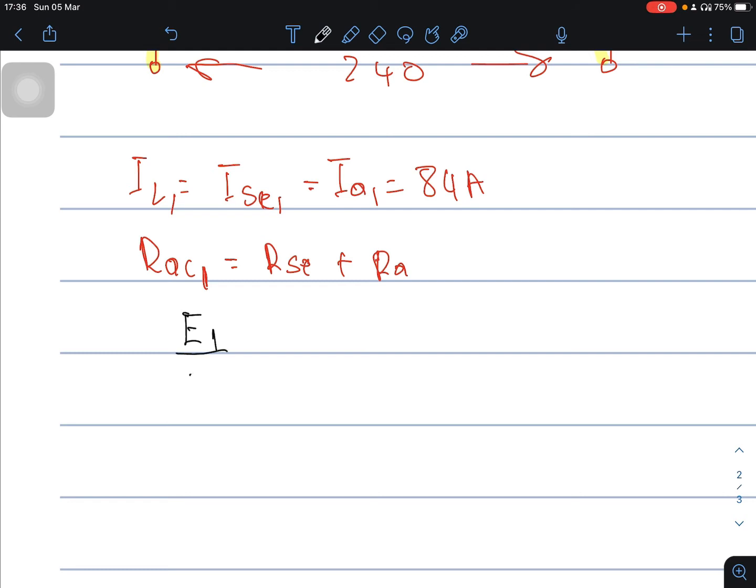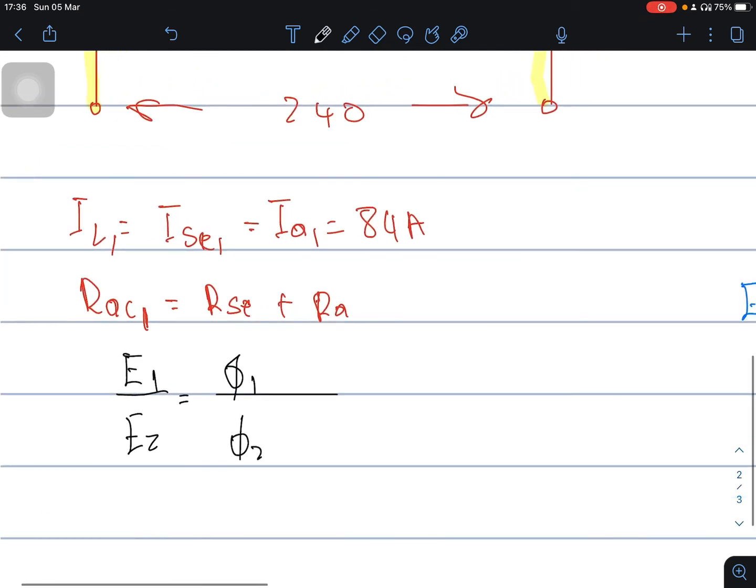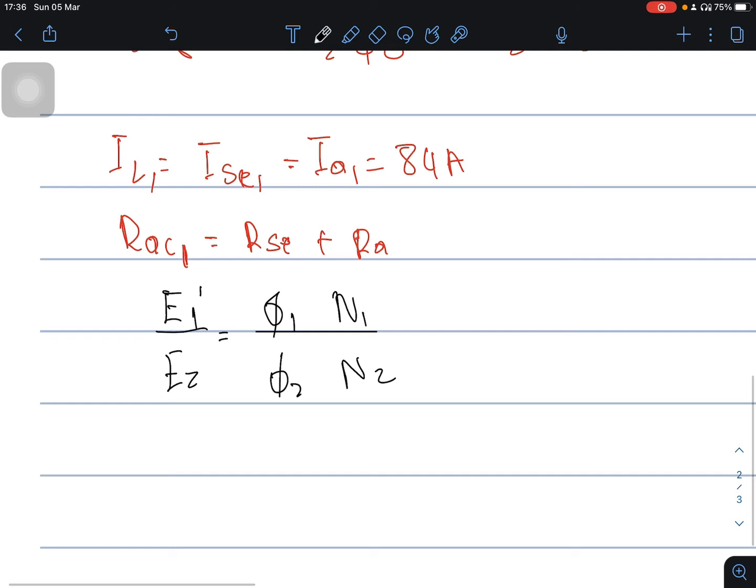E1 over E2 is equal to flux 1 over flux 2, then N1 over N2. Let us first find E1.